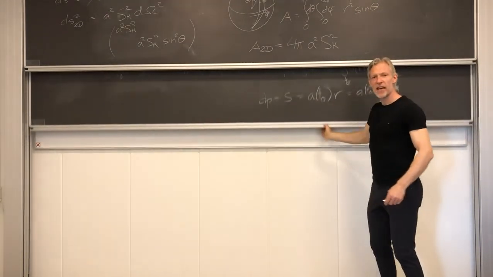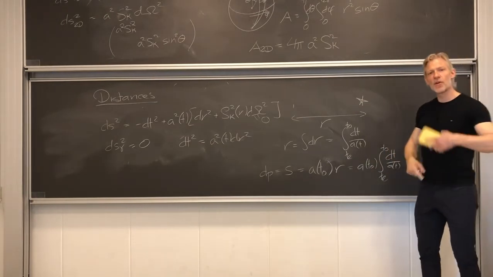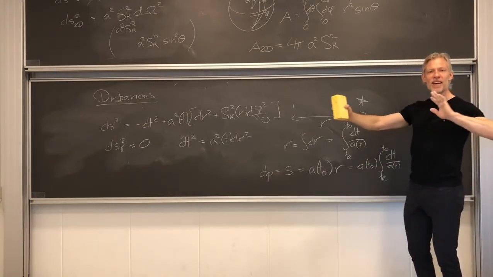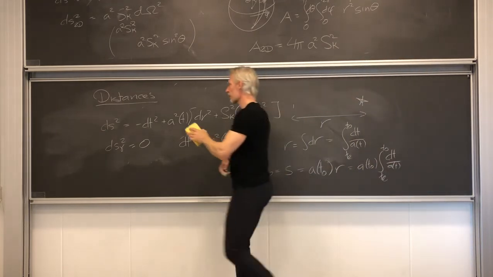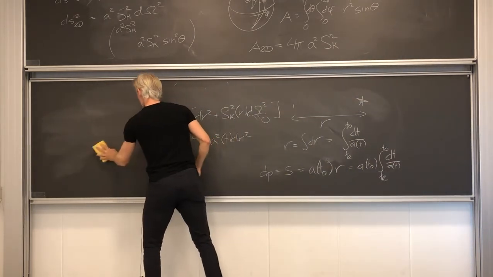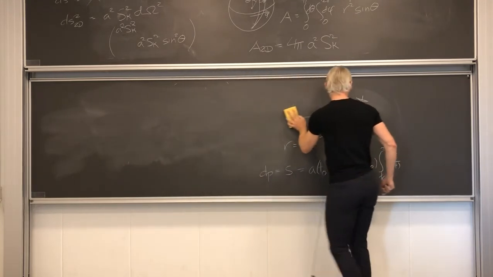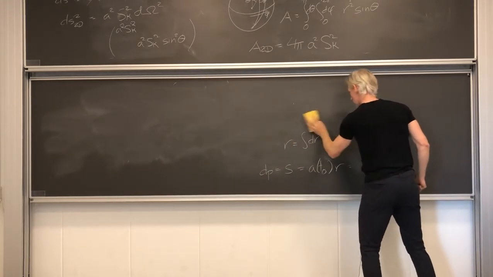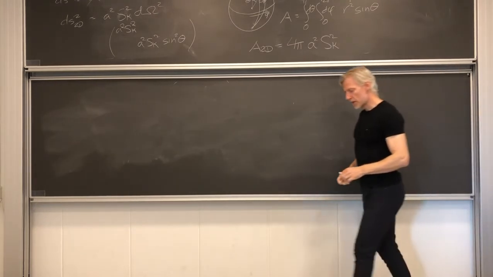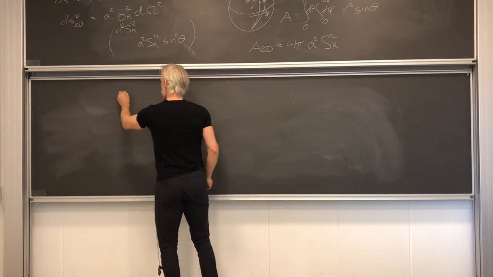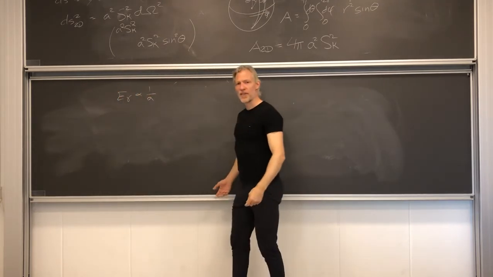So now I know the area that I have to distribute flux lines over. But of course that's not all there is to it, because the flux lines change, unlike the case in static space. And how do they change? Well, one thing I need to worry about is the fact that the energy of a photon is proportional to 1 divided by scale factor.